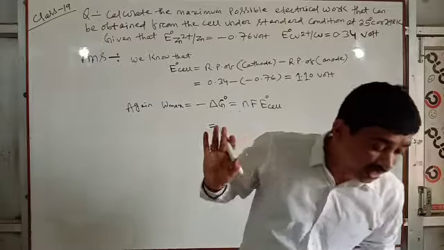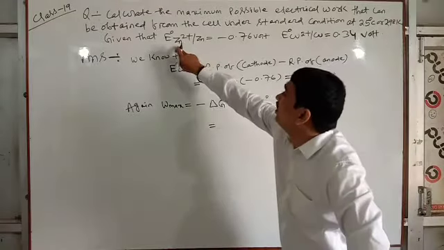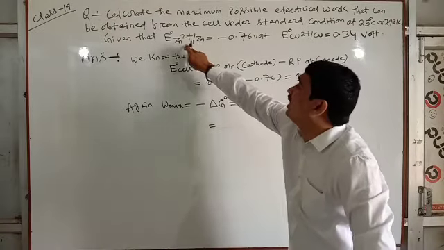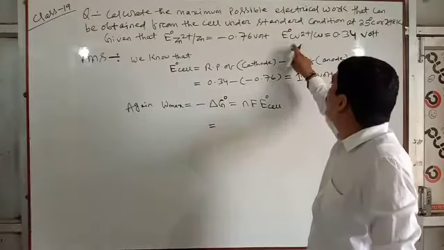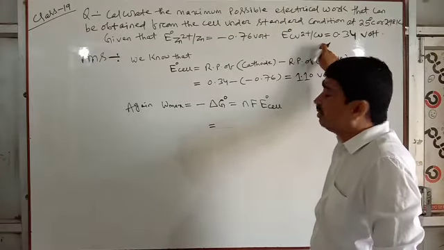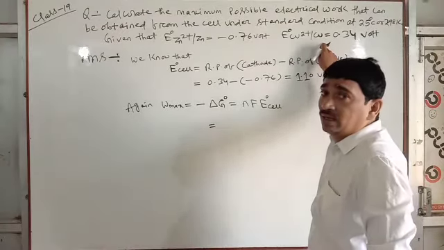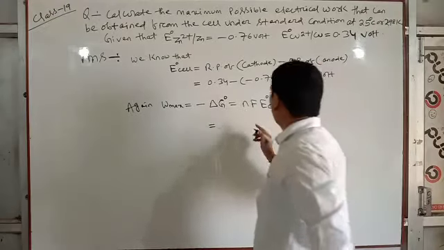Look, Zn2+ changes to Zn, how much electron gain? 2. Cu2+ changes to Cu, how much electron? 2. So here n is 2.